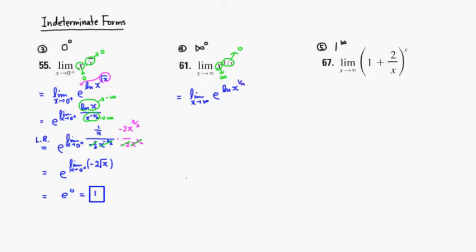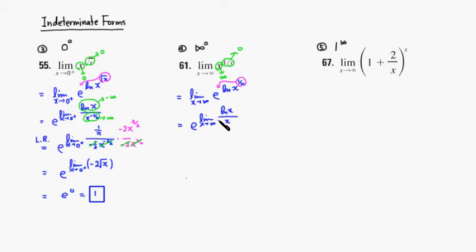Again, we can place this power in front of the log using one of the log properties, and I'm going to squeeze the limit inside the exponential function. So e to the limit as x approaches infinity of natural log of x over x, because it's 1 over x.